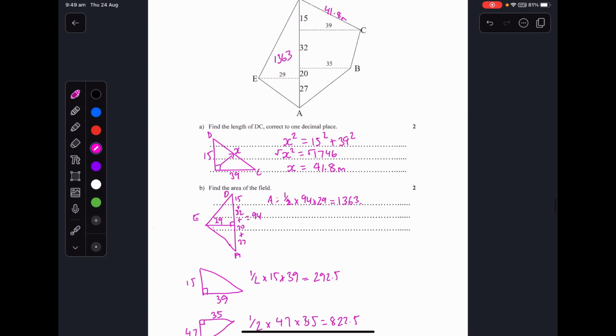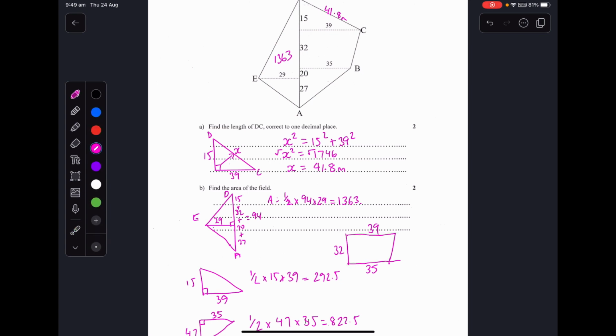So the last one we need to do is going to be this trapezium. Okay, so let's draw the trapezium, find our parts that we need, and we can use our formula to solve that one. Okay, so we've got 32 here, 39 there, 35 there, and that's all we need, isn't it? Okay, so let's remember our trapezium, our A and B are our parallel sides.